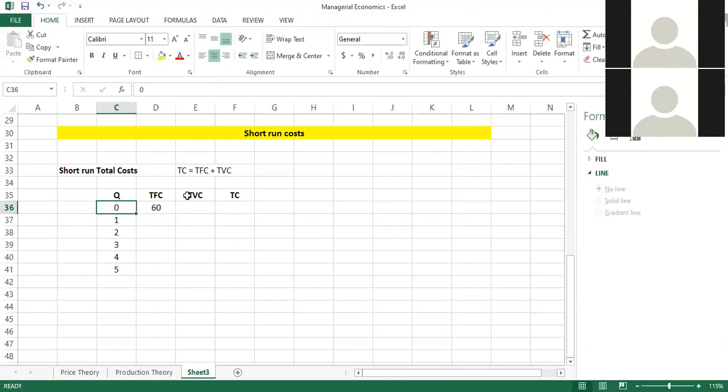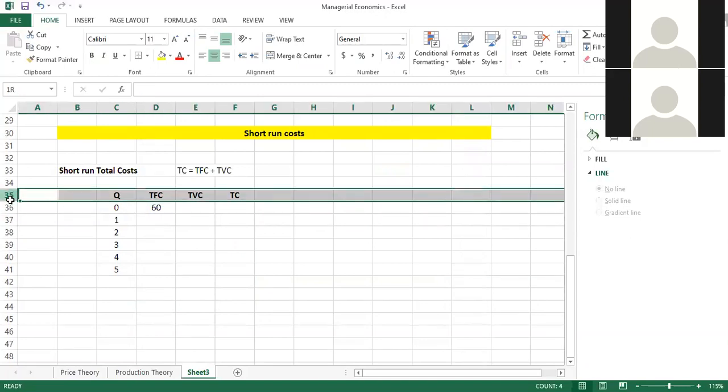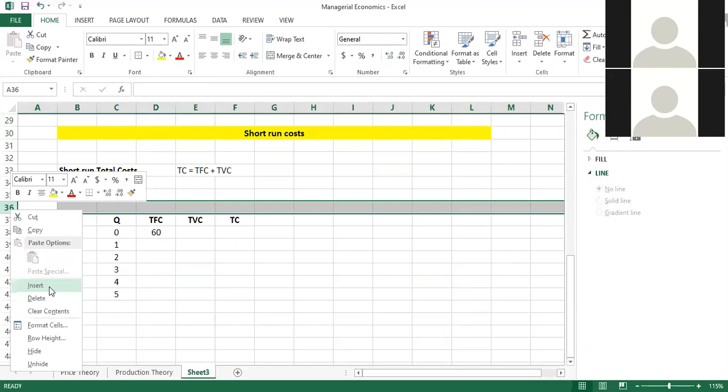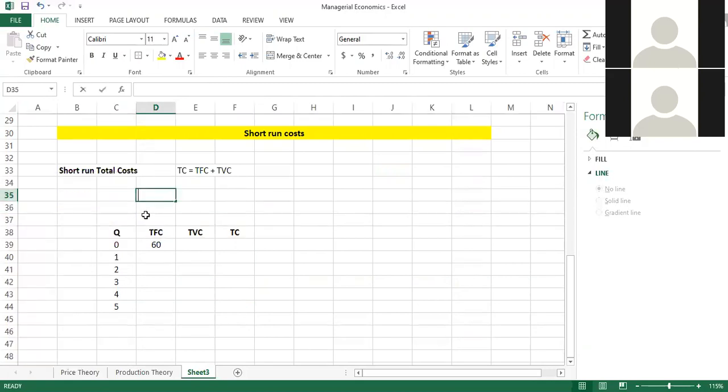Because what is the meaning of fixed cost? You know the meaning of fixed cost. Fixed cost is the cost incurred for the fixed inputs.